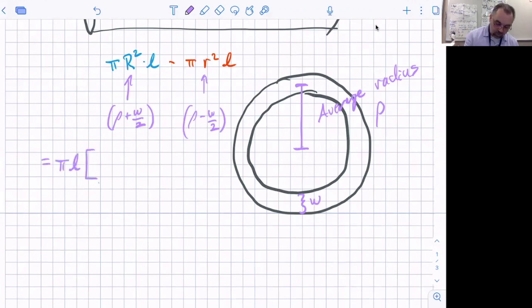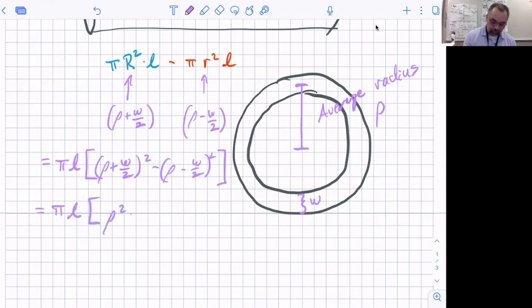So if I have rho plus the width over 2 quantity squared minus rho minus the width over 2 quantity squared, if I square the two terms out, rho squared plus rho times w plus w squared over 4 minus rho squared minus rho times w plus w squared over 4.